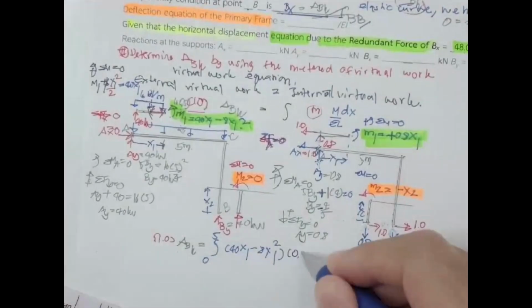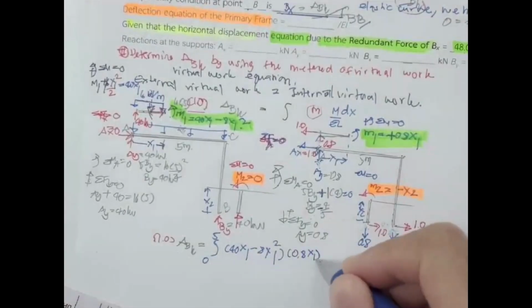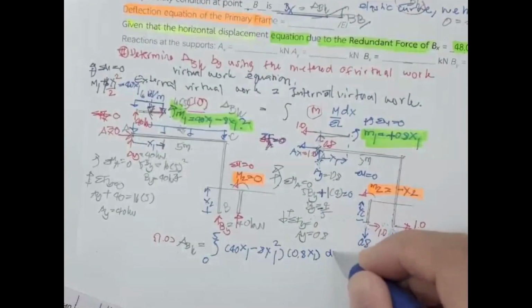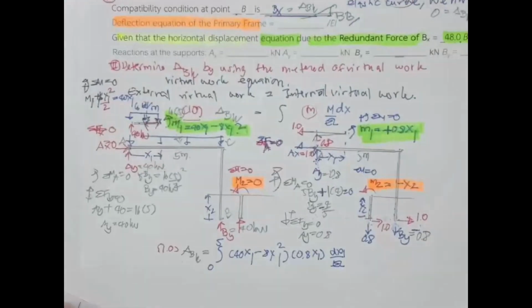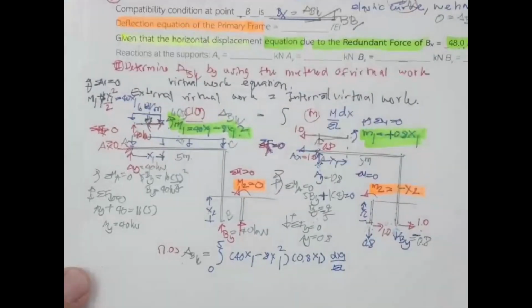After you get this one, this is going to be 0.8 x1. Now this is the x1 over EI. Okay. If the problem said 2EI, it's going to be divided by 2EI. This is only EI.